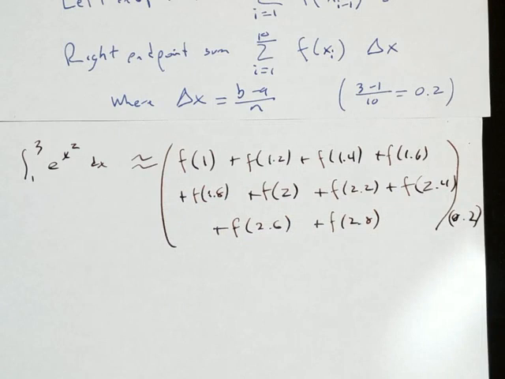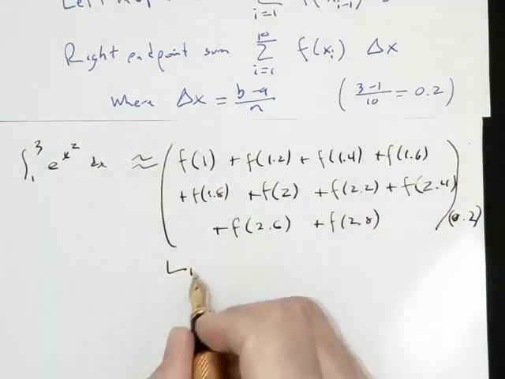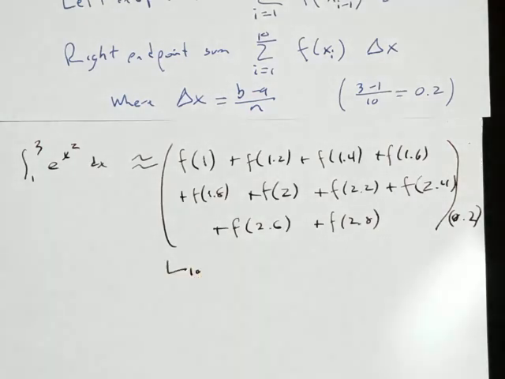When I do the sum, I add, and then I multiply at the end rather than multiplying each one. Now this is our left sum. So I'm going to call this L10.